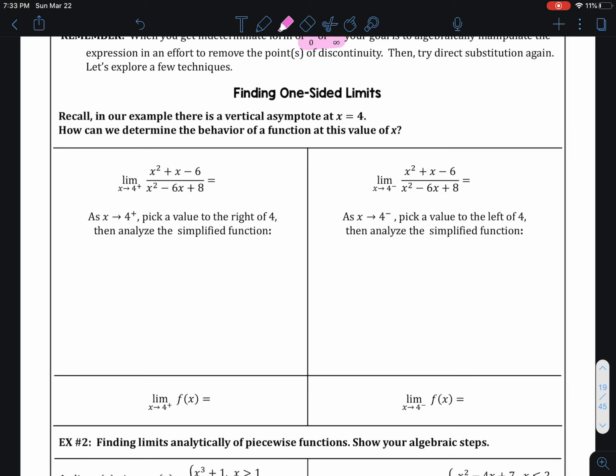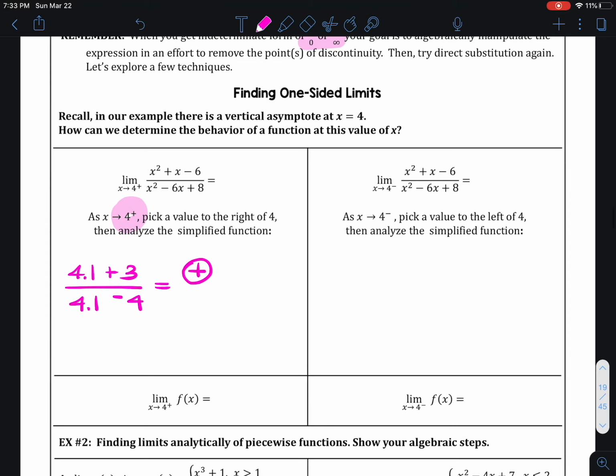If you're approaching from the right, you want to put in a number slightly bigger than 4. So if I were to put in 4.1 plus 3 over 4.1 minus 4, what I'm going to see on the top is a positive number. I don't even have to evaluate it, although it's 7.1.